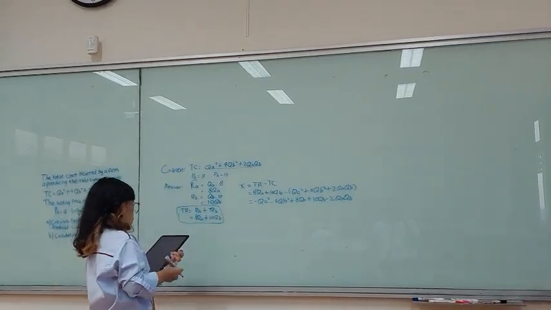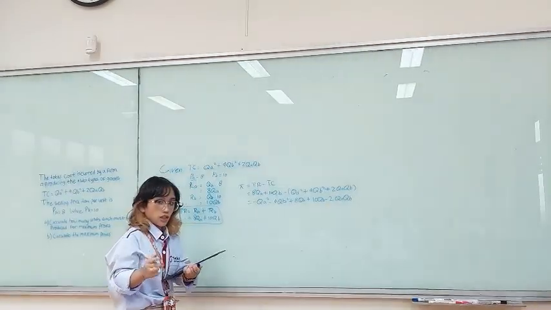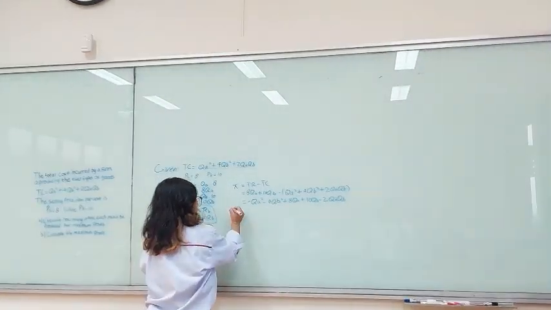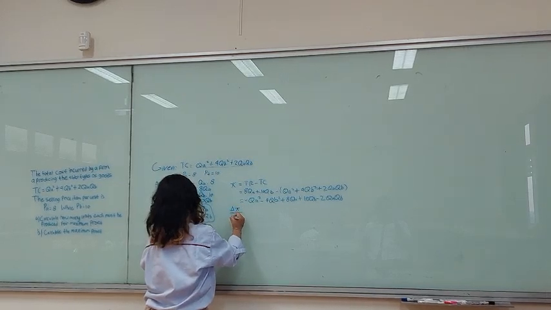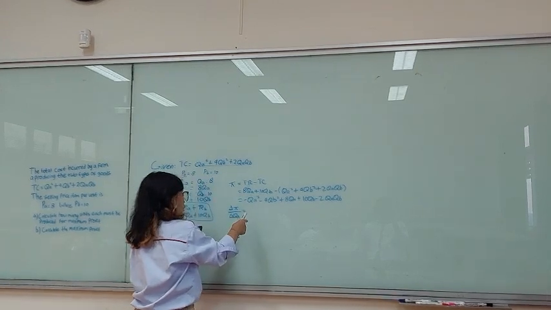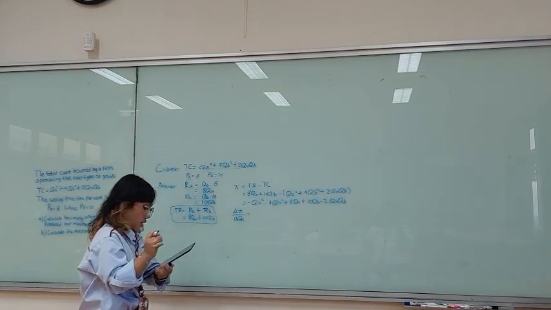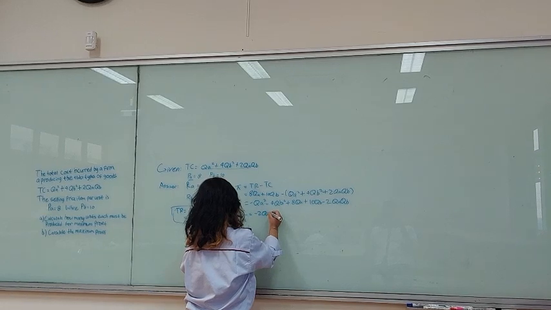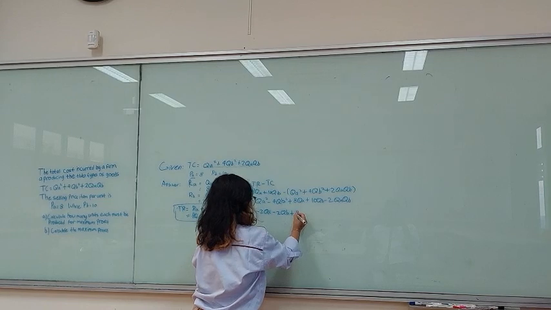After this, we must find the derivative with respect to QA and QB. First we find QA. The derivative with respect to QA is minus 2QA minus 2QB plus 8.